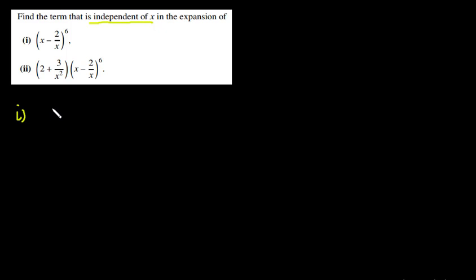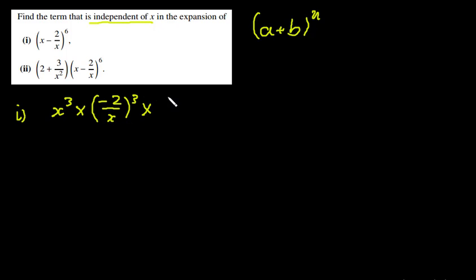So we have x to the power 3 multiplied by minus 2 over x, because we know that we have to convert them into the form of (a plus b) to the power n. To the power 3, multiplied by, as I told you before, 6C3, and we take the power of the one which stands behind, which is 3.